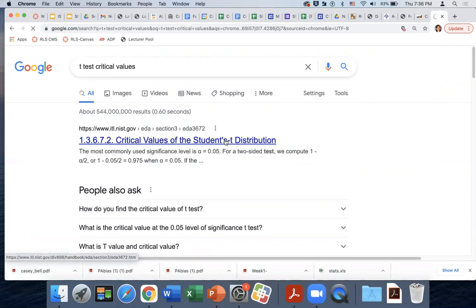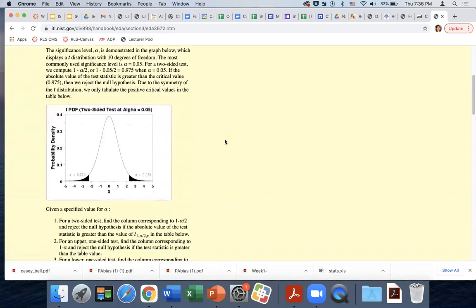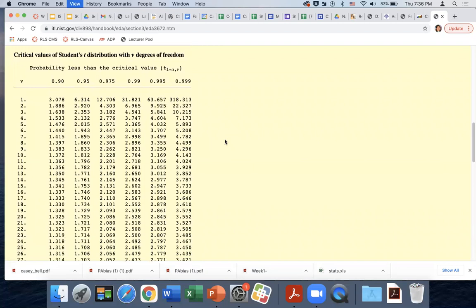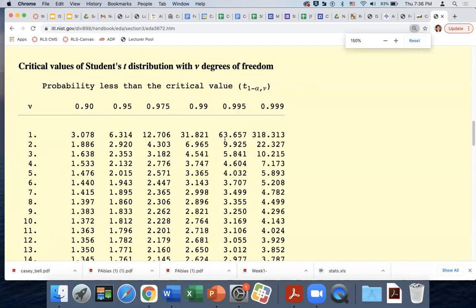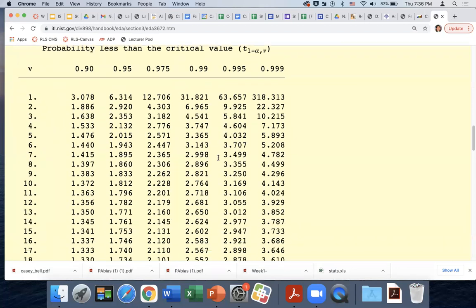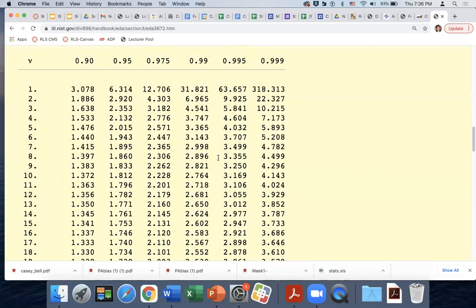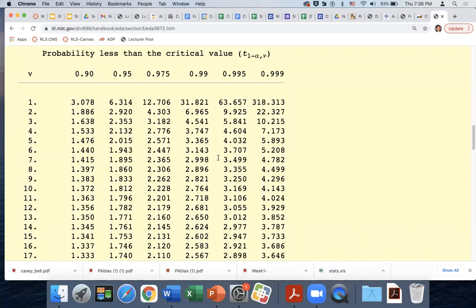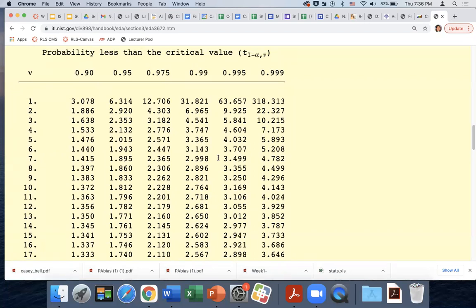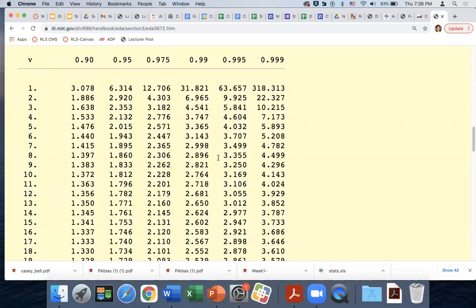Let's take a look at, yeah, this one. So for example, you have 30 students, and you would like to see whether your 30 students did well in their post-test compared to the pre-test after going through your prototype.